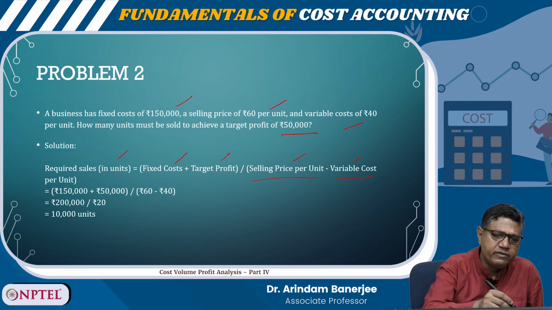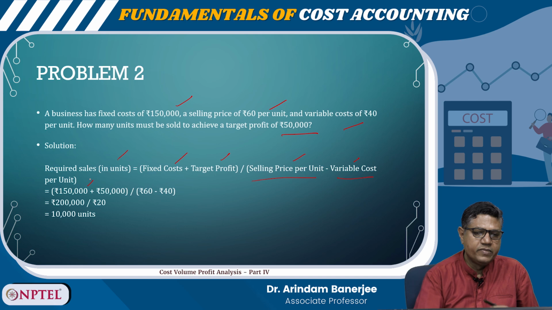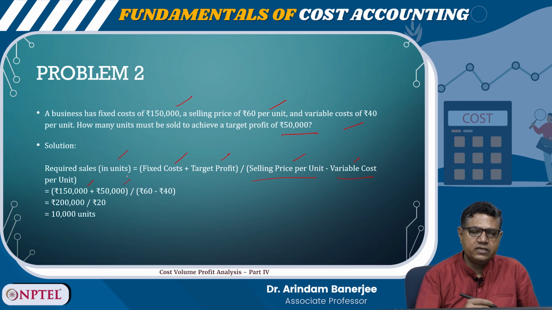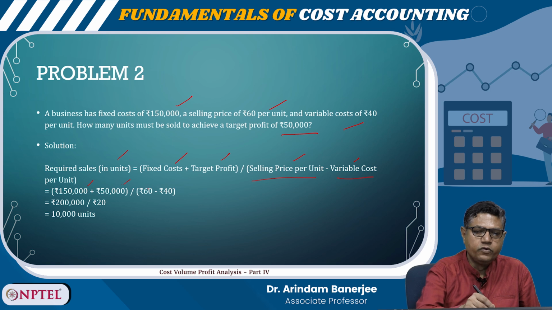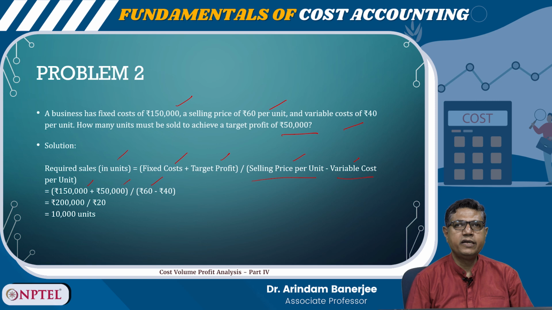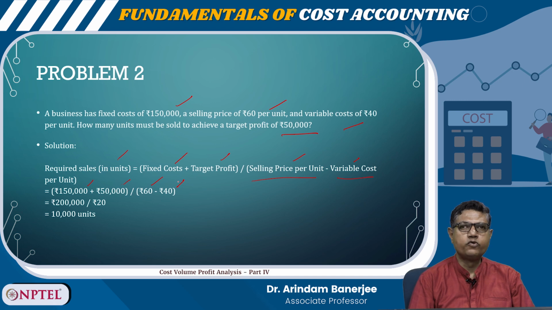So, I am putting the values here. Fixed cost is equal to 1,50,000 plus the target profit of 50,000 divided by 60 rupees, my selling price per unit, minus the variable cost per unit of 40 rupees. So, 20 rupees is my contribution per unit.